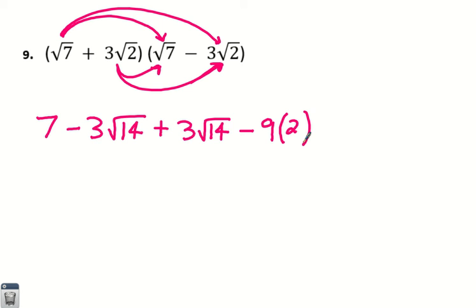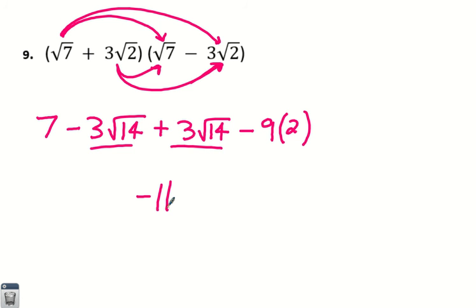So this and this, once again pretty nice, they cancel each other out to 0. And this is going to be negative 18. And so really we have 7 minus 18, which is what? Negative 11?